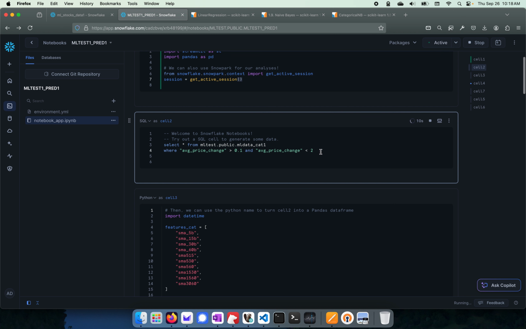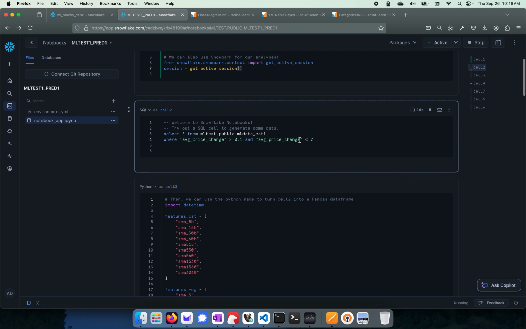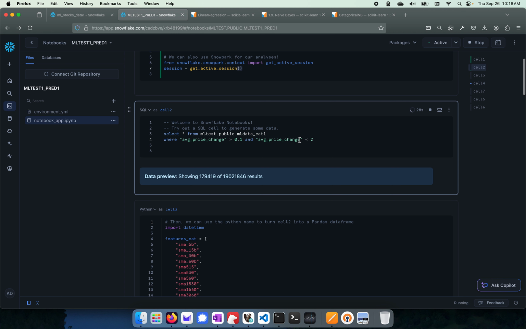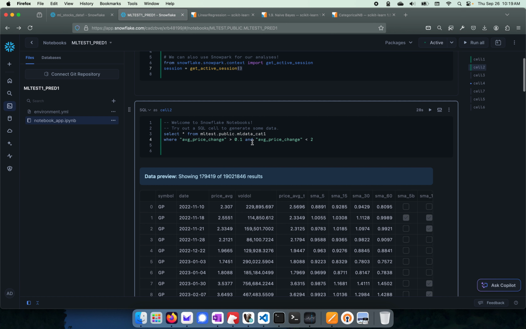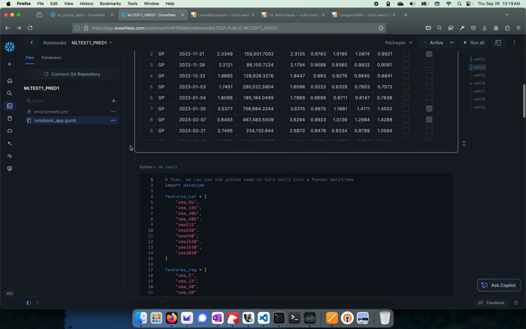This whole notebook typically runs in a couple of minutes, which is pretty good considering we're processing 19 million rows of data. Okay, there we go. We have the data loaded in 28 seconds.